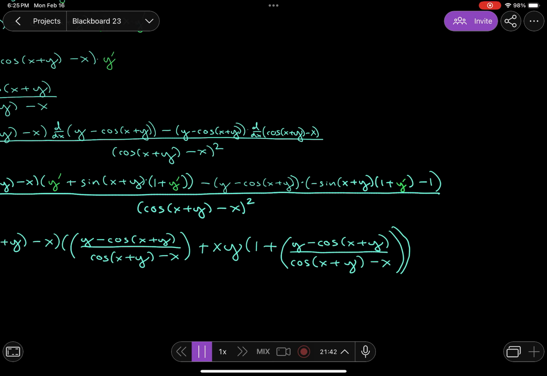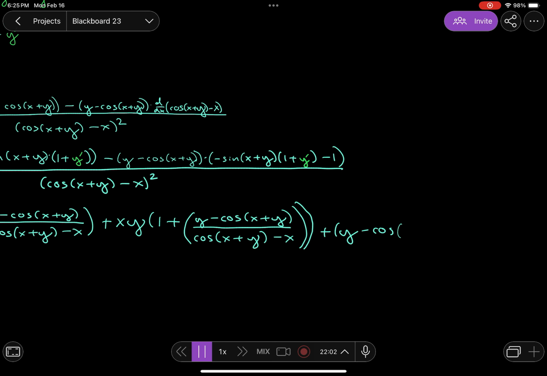Also, here's something I'm going to observe. This is negative, so I can grab this negative, pass it through this set of parentheses, making this positive and this positive. So what I have is plus, in parentheses, y minus the cosine of x plus y, close parentheses.